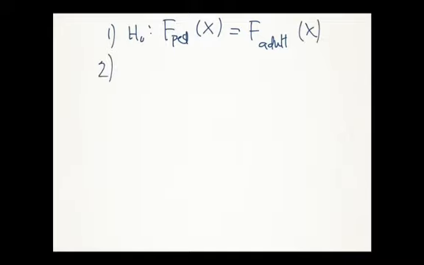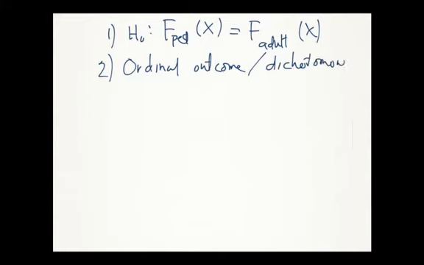The type of data that we're working with is an ordinal outcome with a dichotomous predictor. So remember, the ordinal outcome is this measure, the EDSS measure that goes from 0 to 10.